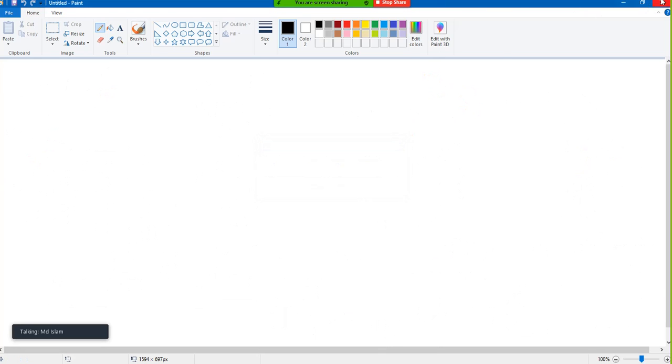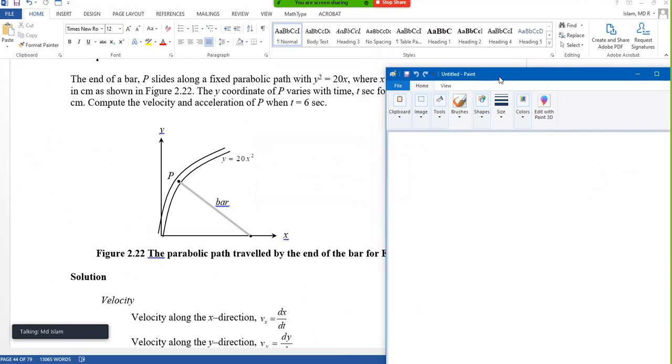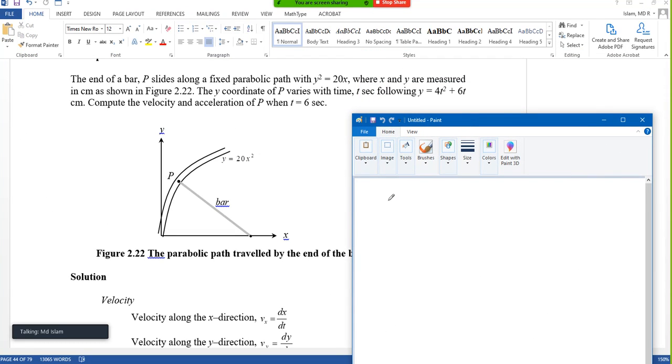Okay, so what I will do, you know that I need to find my x, I need to find my y. So y squared is 20x, and that means y is square root of 20 and x is the power of a half. But x is not given.